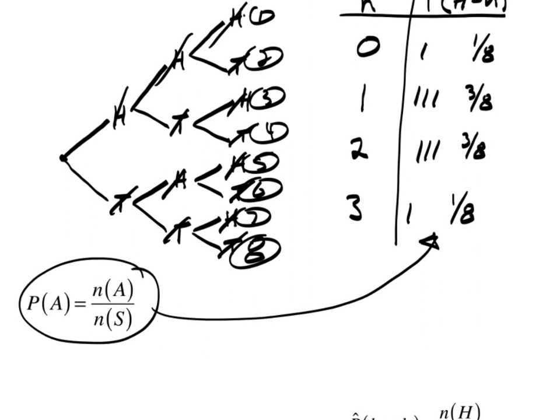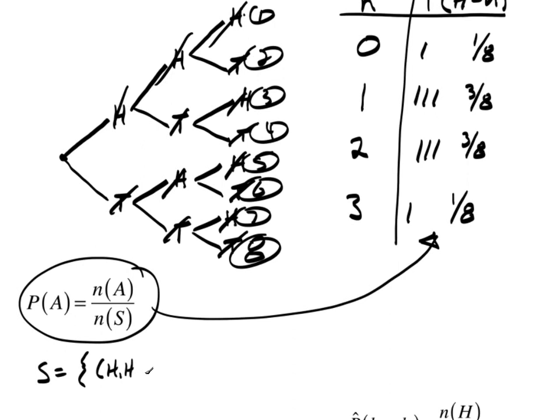I need just a little bit more room here. So my sample space, using this, I'll have a head, head, head. I have a head, head, tail. Let's follow this path. I have a head, tail, head. And then I have a head, tail, tail.